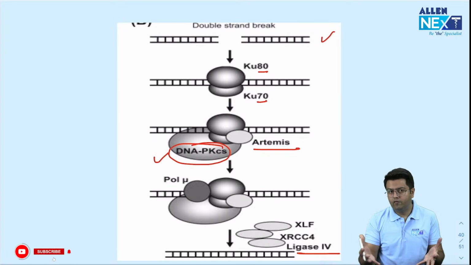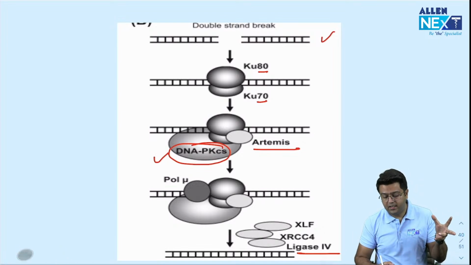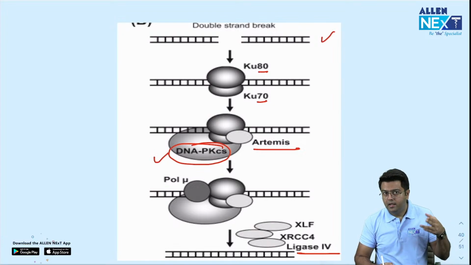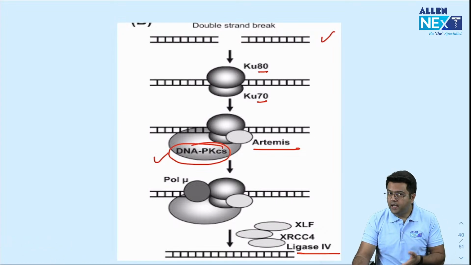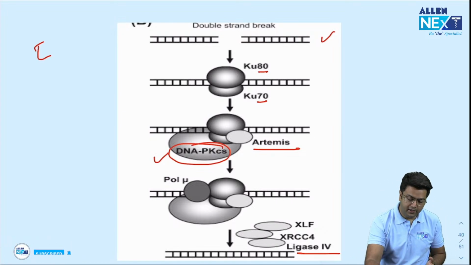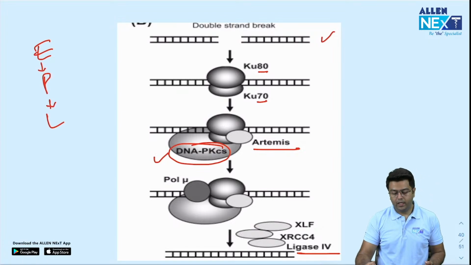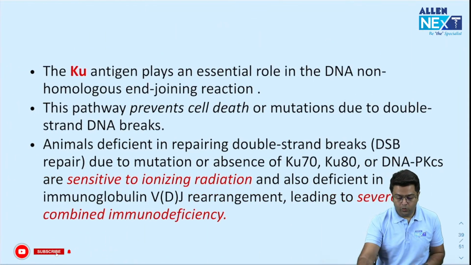See, the sequence is always like this. The first enzyme is the endonuclease, which removes the undesirable part. Then we have polymerase, and then we have ligase. It's always the sequence: endonuclease, polymerase, and ligase. Okay. So Ku proteins are involved here, and guys, the defects in the Ku protein cause what?